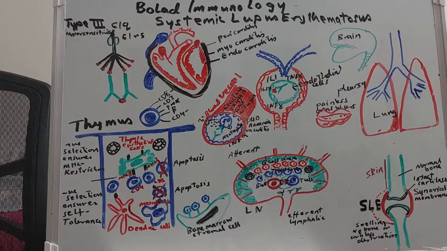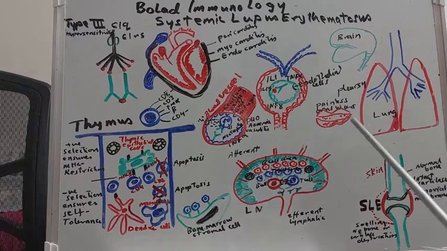However, in the central nervous system, when these immune complexes reside here, the patient may present with very severe depression or abnormal headache, or may suffer from change in mood. This is the neurological manifestation of SLE.